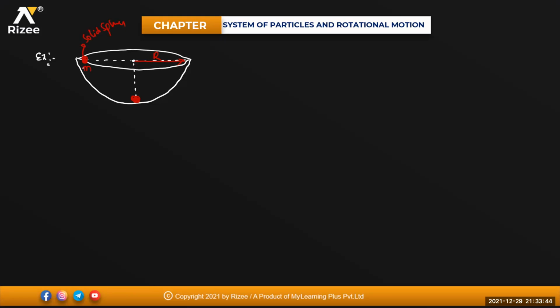A solid sphere of mass m is released from rest, beta, from the rim of a hemisphere, and it is rolling along the surface. The question is, find the normal contact force between the solid sphere and the cup at the bottommost position.